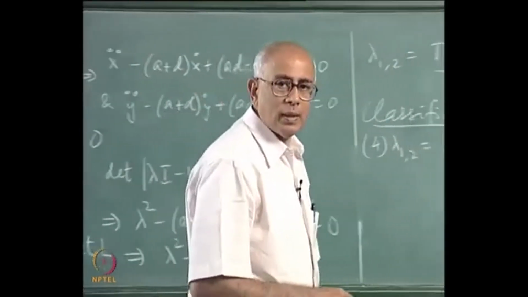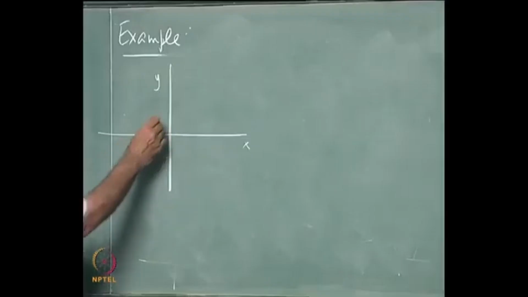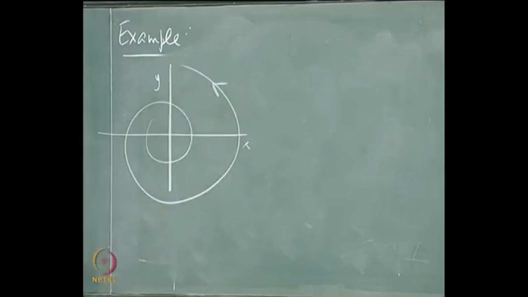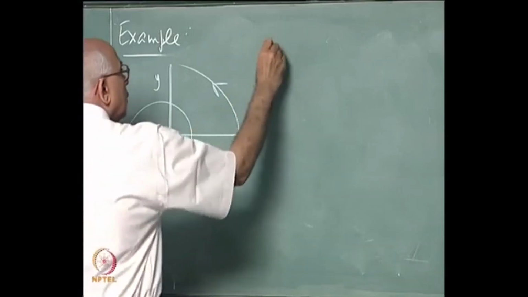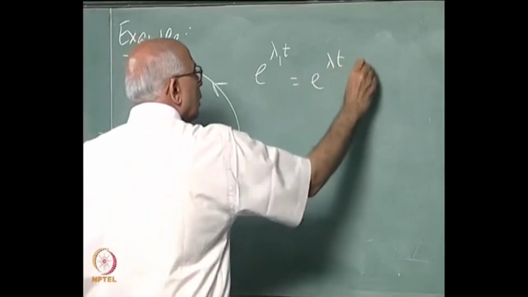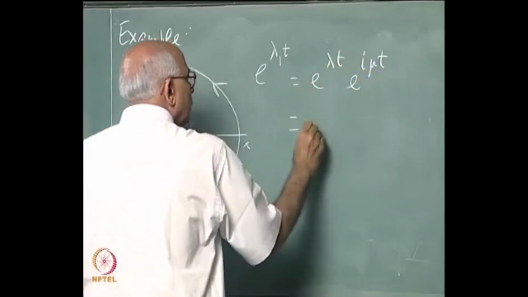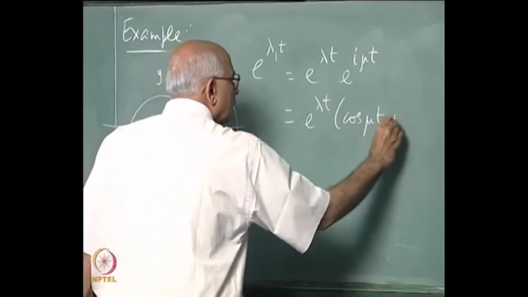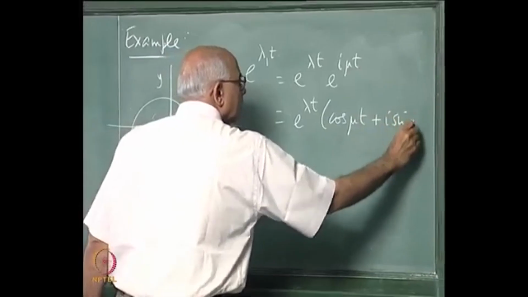You would expect a spiral, quite right, but it would be an outward tending spiral, it would go off in this fashion. You know that because e to the lambda 1 t for example would be e to the lambda t e to the i mu t, which would be e to the lambda t times the cosine of mu t plus i sine mu t.